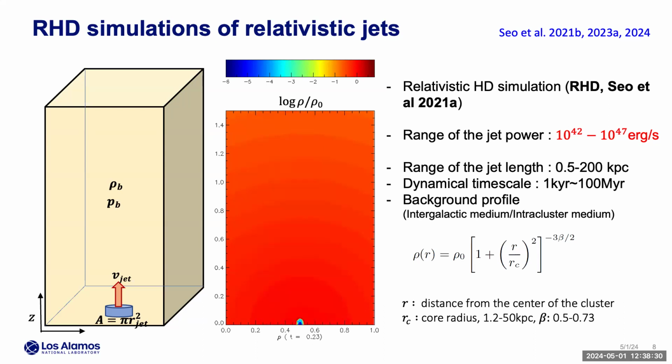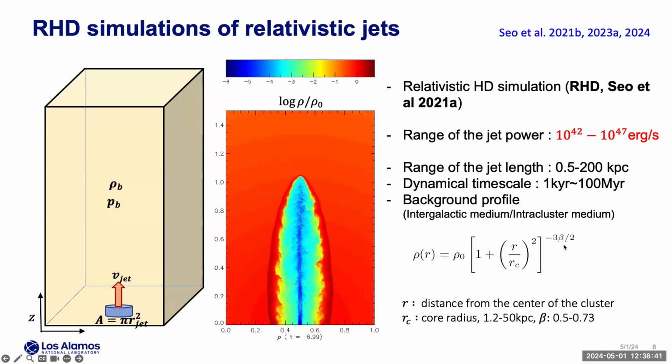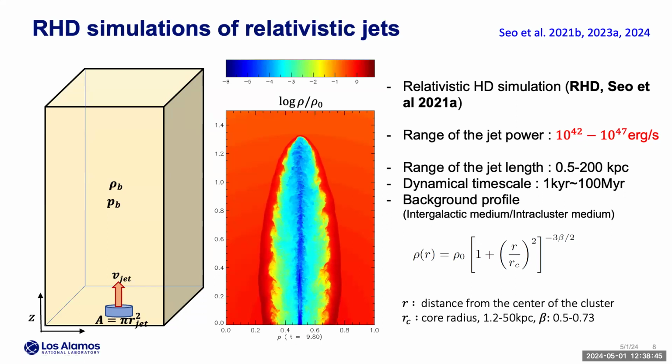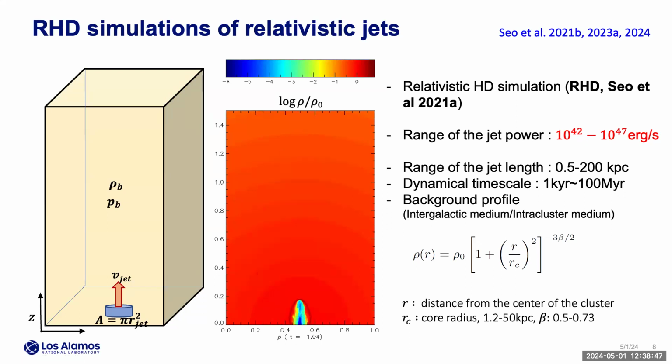The jet power covers the observed jet power range. And we also adopt the background profile, which is well known as the beta profile or king profile. So we assume that this jet advances through the ICM of the cluster.